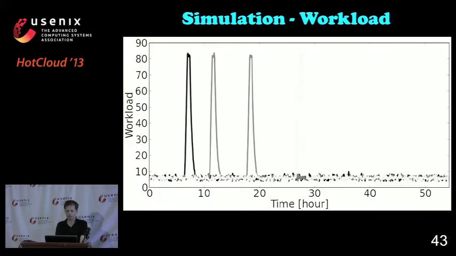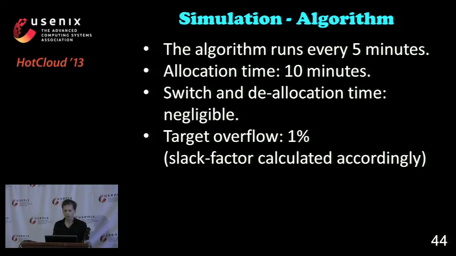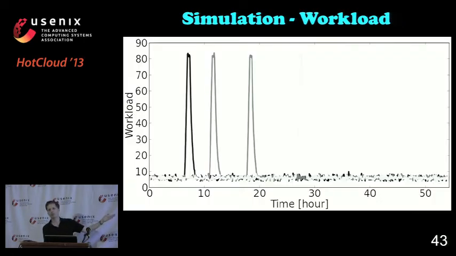And we have here three services, and we see that their load is usually down here, and then goes up and then back down. I didn't put all the 50 because it becomes sort of cluttered. For the simulation, it happens about once or twice a day, and this is over 50 hours.